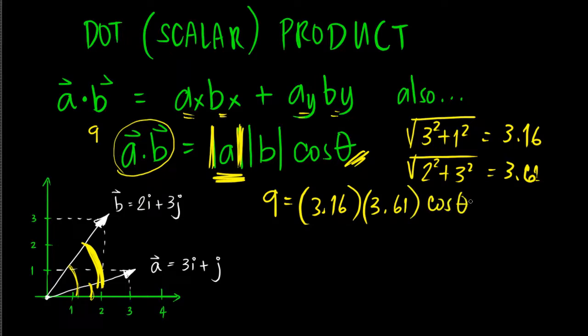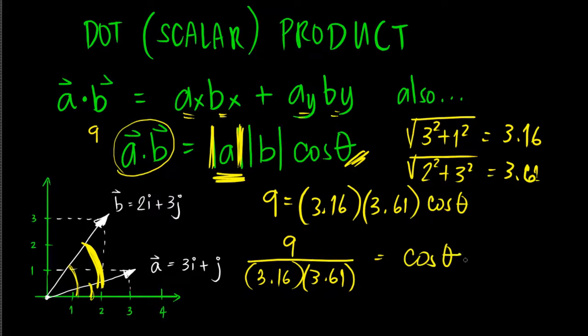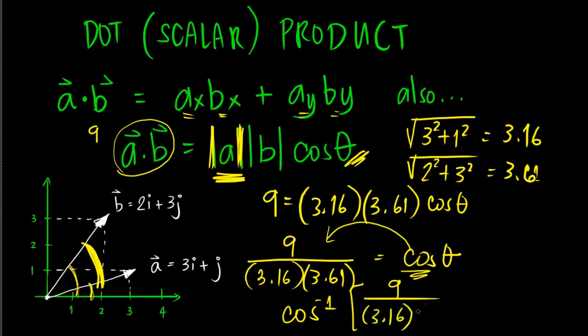So, transpose everything that you can. 9 divided by 3.16 times 3.61, and what remains on this side is cosine theta. Then you can also transpose cosine, so this becomes arc cosine, or shift cosine on your calculator: arc cosine of 9 over 3.16 times 3.61.